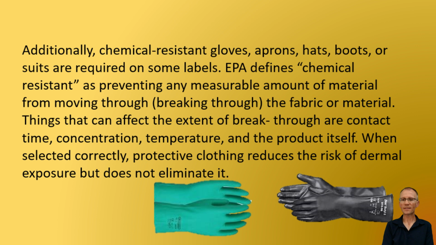Additionally, chemical-resistant gloves, aprons, hats, boots, or suits are required on some labels. EPA defines chemical-resistant as preventing any measurable amount of material from moving through, breaking through the fabric or material. Things that can affect the extent of breakthrough are contact time, concentration, temperature, and the product itself. When sealed correctly, protective clothing reduces the risk of dermal exposure, but does not eliminate it.